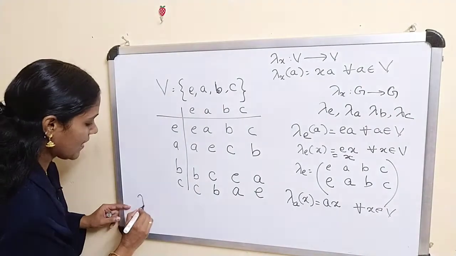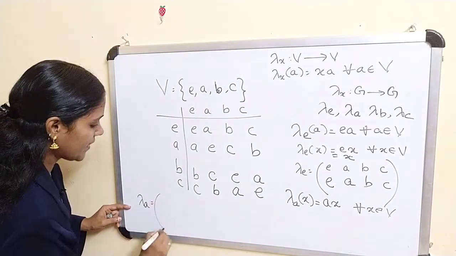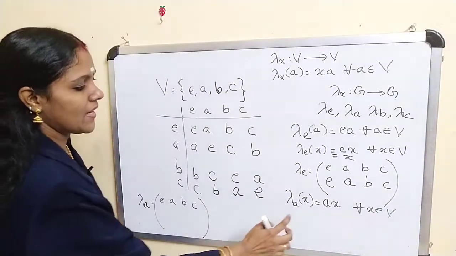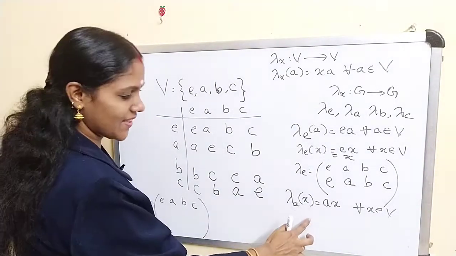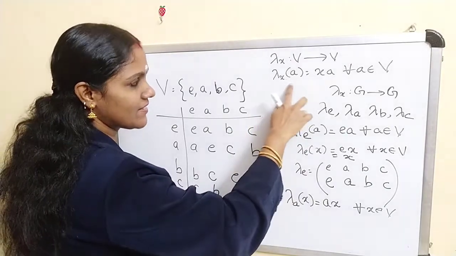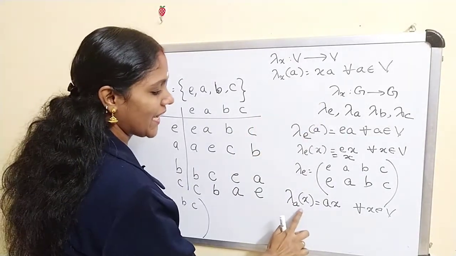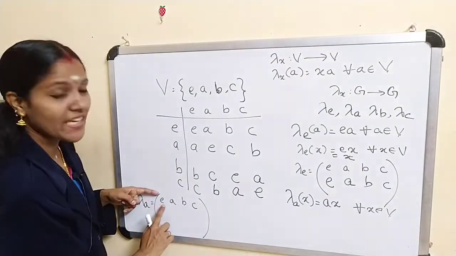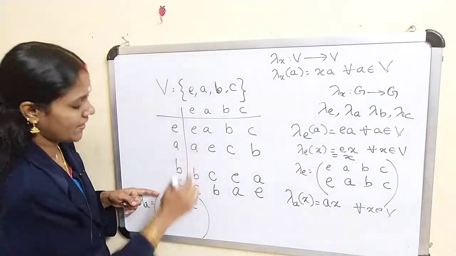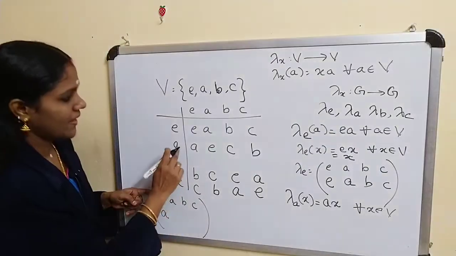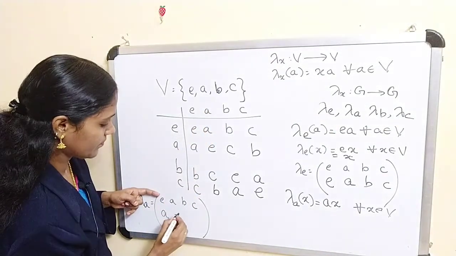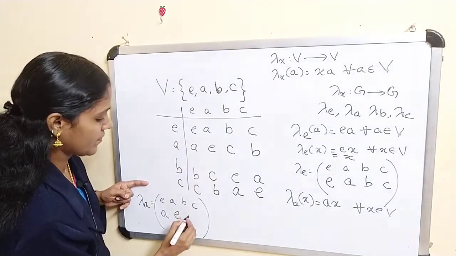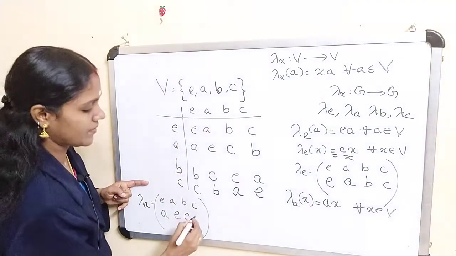Now draw the table for lambda A. Lambda A is on E, A, B, C, and lambda A of x is equal to Ax, but we have this definition. So first, AE, AA, AB, AC.